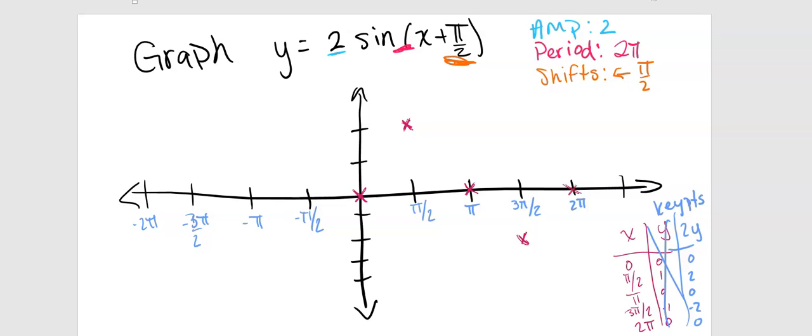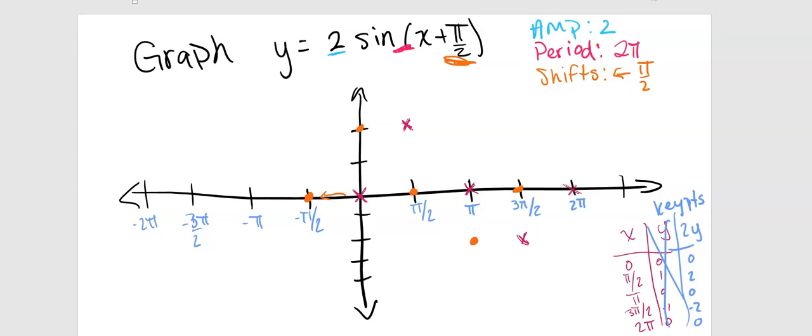Remember that shift? I have to move all those pink x's 1 tick mark over, because 1 tick mark is pi halves. So my 0, 0 point is now going to be right here. Shifting over there. This point is going to shift over here. Then here. Here. Then here.